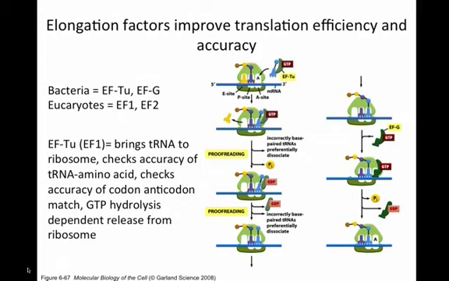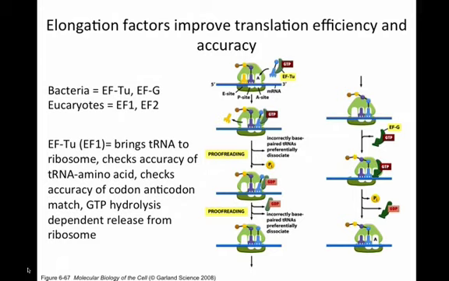And actually, this is all GTP dependent, and GTP hydrolysis that happens upon correct binding allows that EF-Tu to go away, and then you get formation of your peptide bond. So if the tRNA is not fitting correctly, then it's going to be in one conformation where it's more able to leave the site.